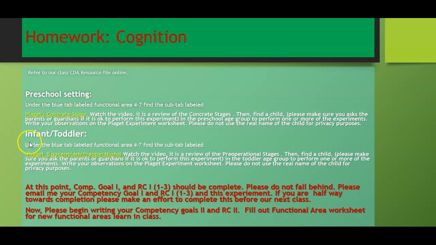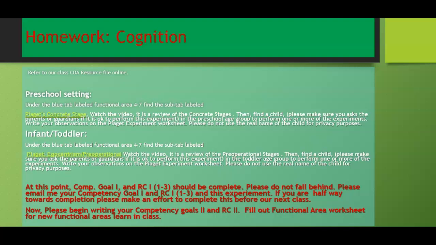For those of you in the infant toddler setting who are parents, the same situation: please use your own children or friends and family to do the experiment on. Please do not do it in the classroom. Teachers, I think it'll be perfectly okay because you're already doing observations. This will be a great way to understand Piaget's egocentrism in your classrooms.